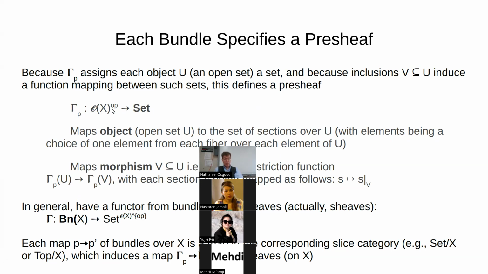So this is not merely a C set. This is a kind of co-C set. It's not a co-pre-sheaf like a C set. It's a pre-sheaf, so there's an op here. Each object, each open set U, is mapped to a set of sections over it.